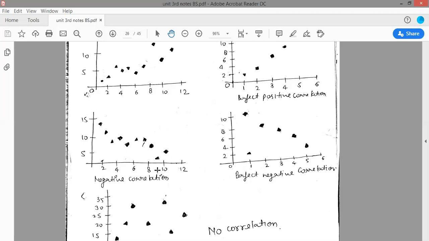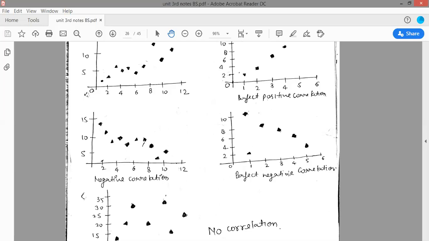If one is decreasing and one is increasing, that means both of the variables are moving in the opposite direction. And in the opposite direction, we can say there is a negative correlation. Here x is increasing but y is decreasing, so there is a negative correlation between both of the variables.